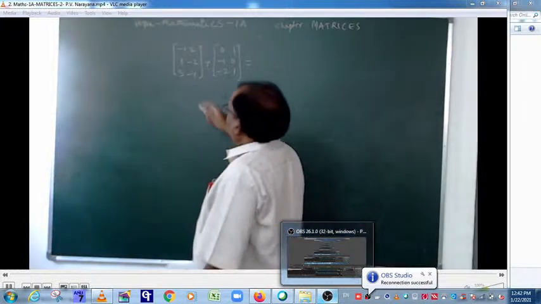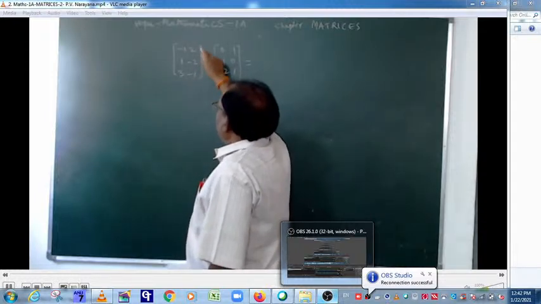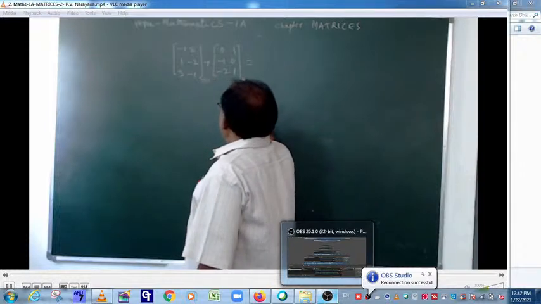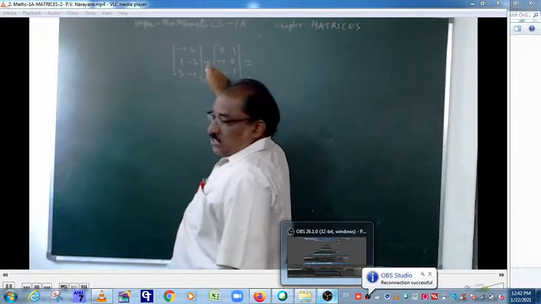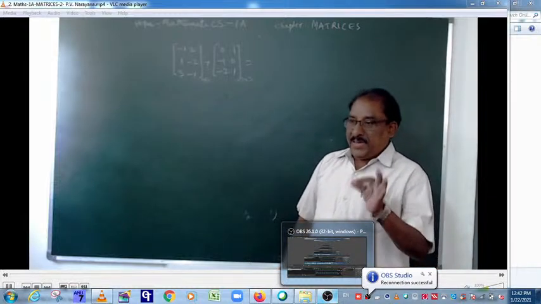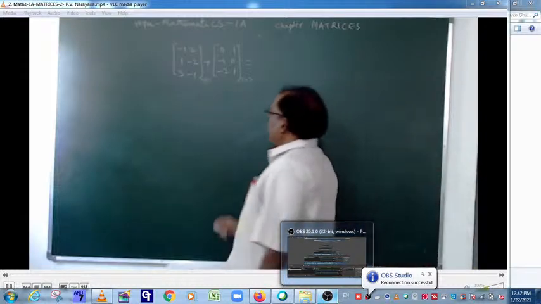First of all, we know the order of the matrices given: the first one is 3 by 2 and the second one is 3 by 2. So addition is possible. What is addition? By adding the corresponding elements of both the given matrices.